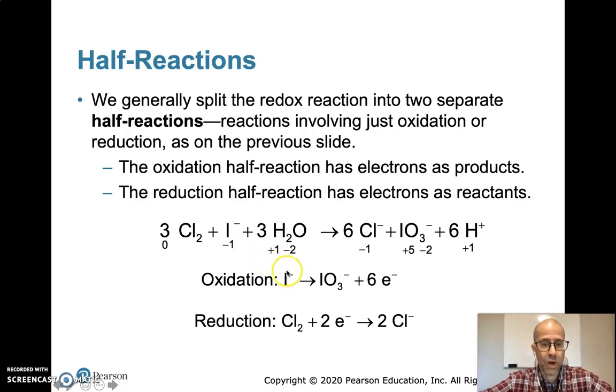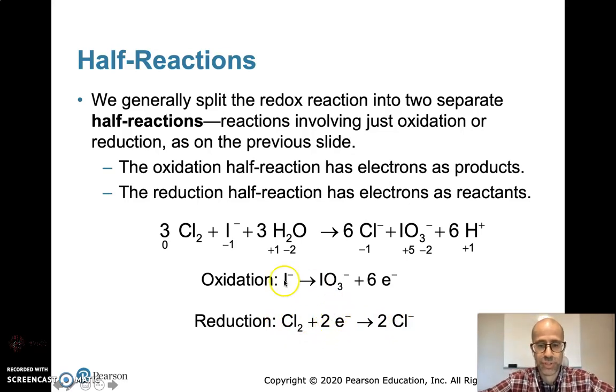And notice I'm only writing down the reactant and the product that's involved in this particular half reaction. I'm not writing anything else except for the electrons that are there to balance. Same thing with the chlorine and the chloride. I'm only writing down the chlorine plus the 2 electrons gives me 2 chloride ions. That's all I need in order to balance the equation and the charge.